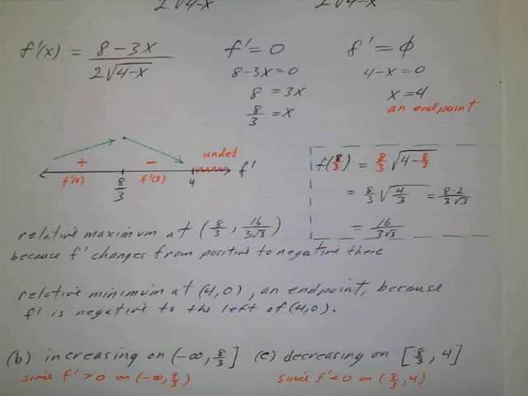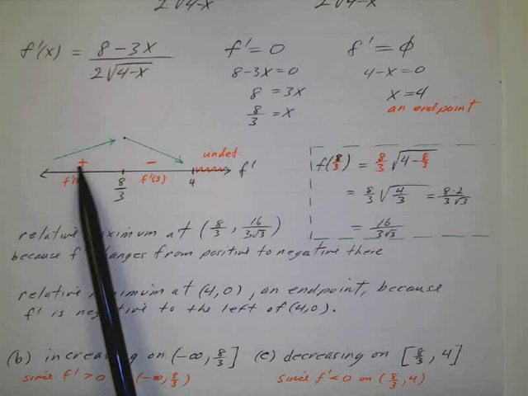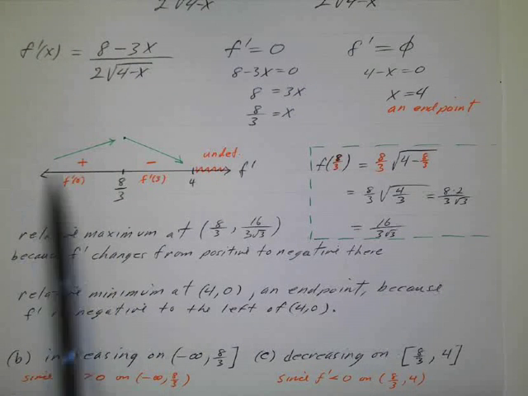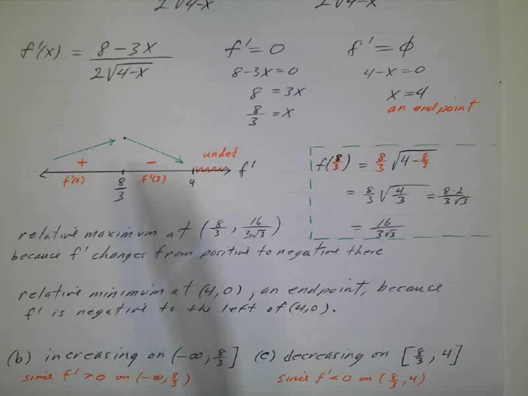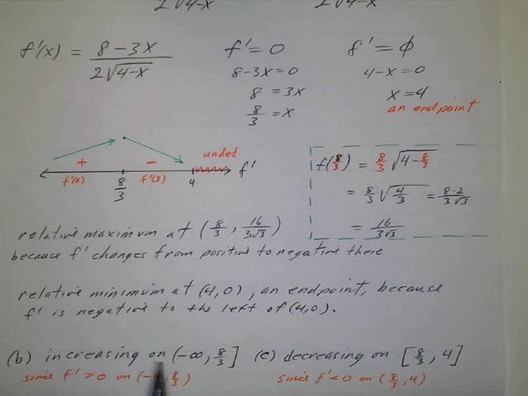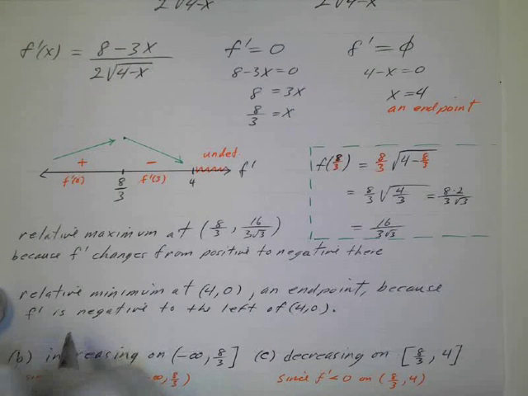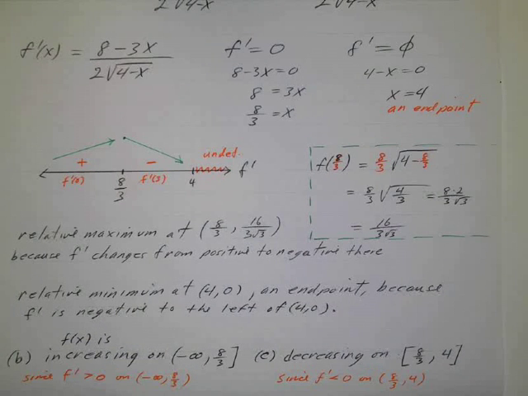Now, since f prime is greater than 0 from negative infinity to 8/3, we could say that f of x is increasing on the interval negative infinity to 8/3 inclusive.